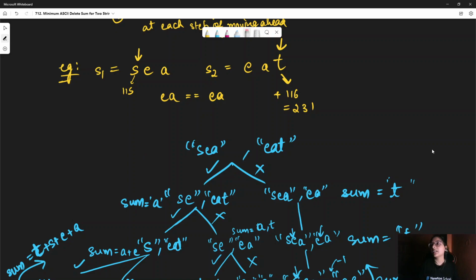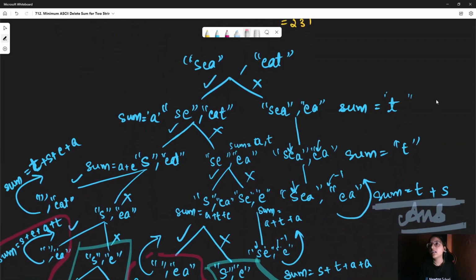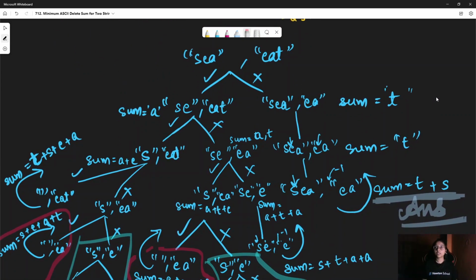Now comes the next part, and this is the main thing which we are required to do. So see, we are required to choose a particular character or not to choose, right? Here the tick simply represents that we are choosing from the first word, and the cross simply represents that we are not choosing from the first word, that is, we are choosing from the second word.